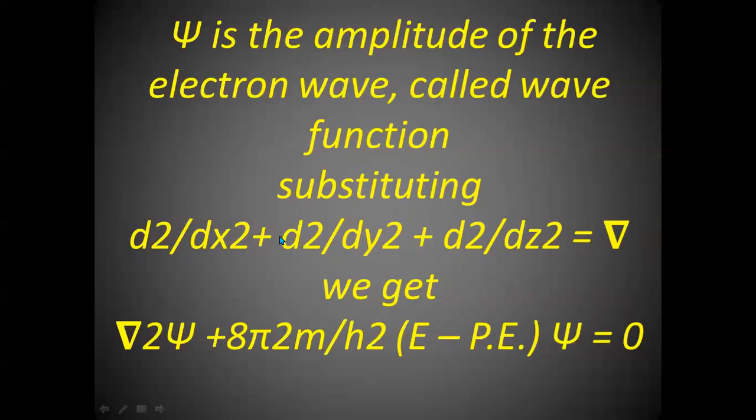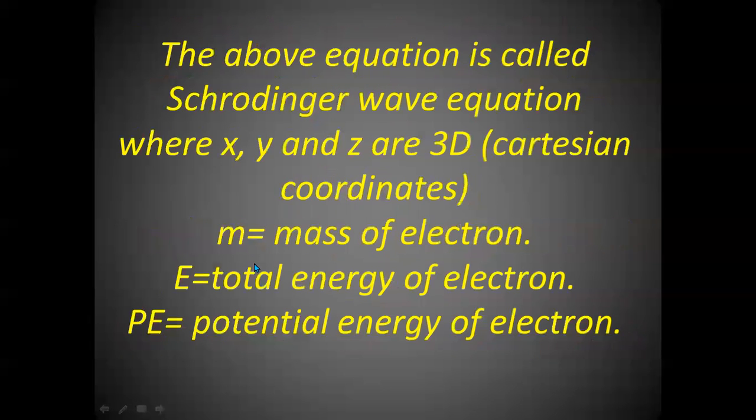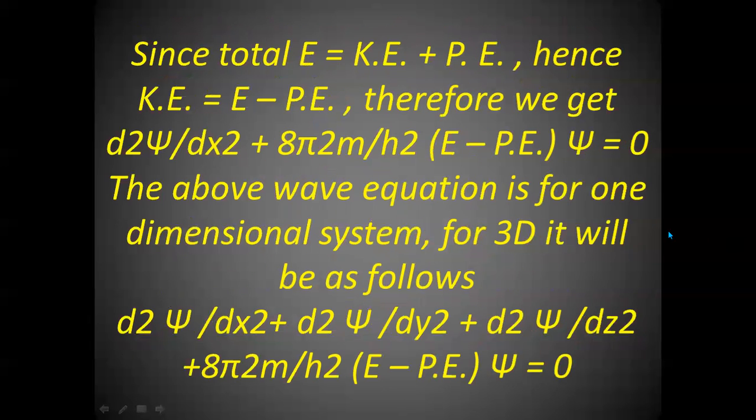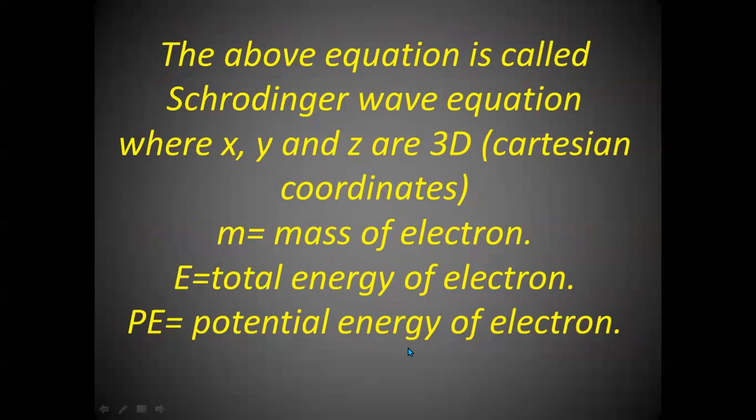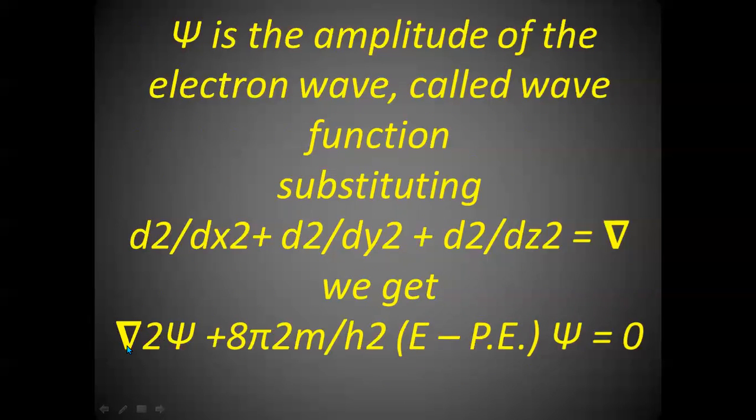Therefore, the above lengthier equation will be converted into the short form: del square psi plus 8 pi square m by h square into total energy minus potential energy into psi is equal to 0. This is the shortest form of the Schrodinger wave equation.